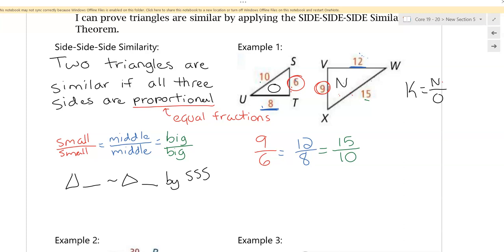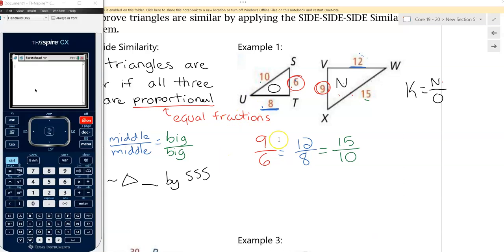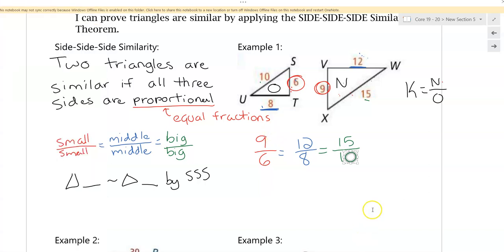And to check if they're equal, all we have to do is type them in our calculator, and it will reduce the fraction for us. If you are confident on your fraction reducing, you can do it without the calculator. So we have, hold on, don't know what's happening.